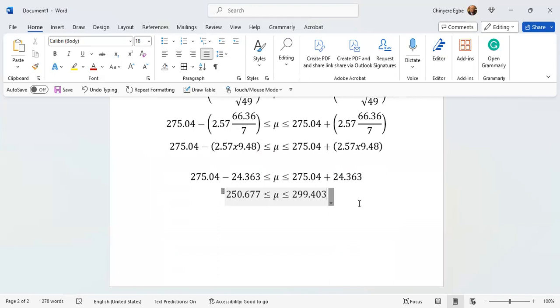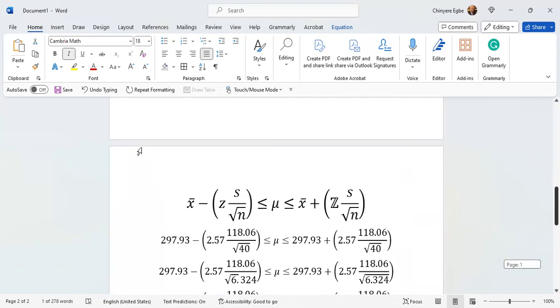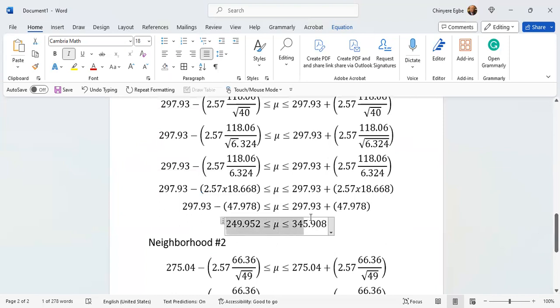And so now we say to ourselves, how can we use this to say that the average price per square foot in one neighborhood is different from the average price per square foot in the other neighborhood? That is the question. So let us copy the first one. For neighborhood 1, we can say with 99% confidence that the average price per square foot is between 249.95 and 345.908.